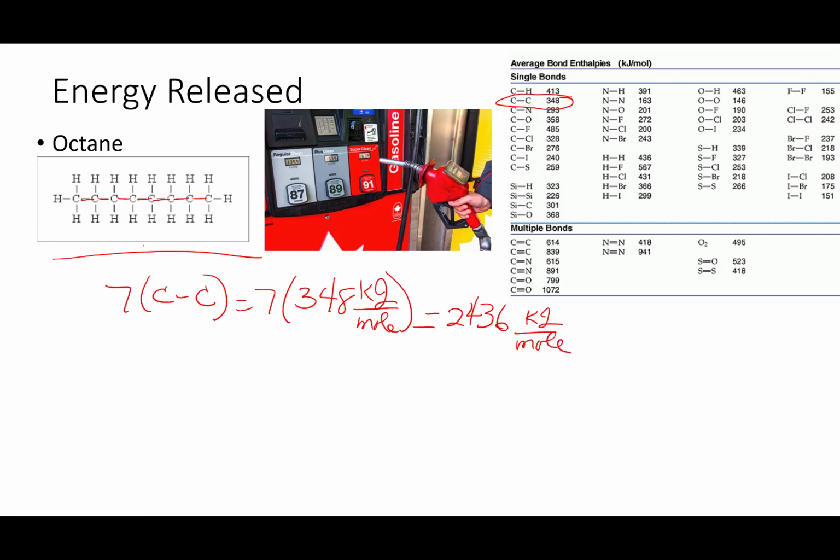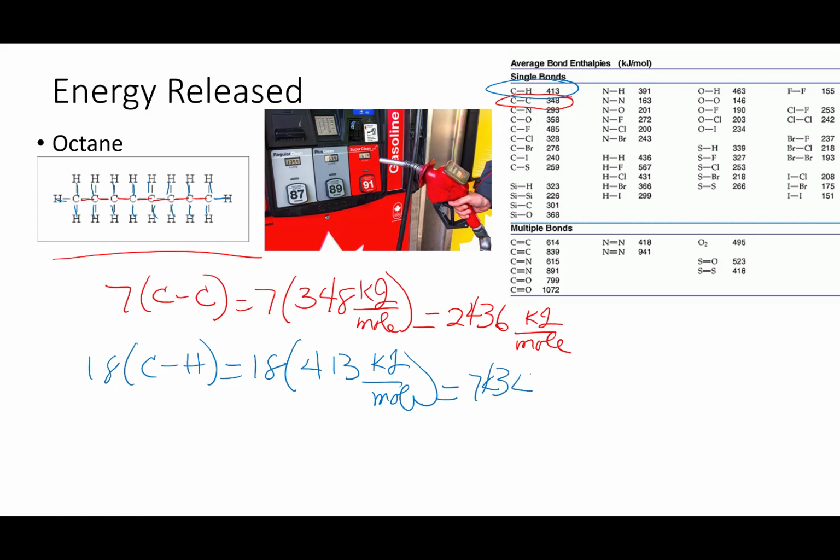We also have, and I'm going to switch colors so this is a little easier to see, 18 carbon-hydrogen bonds. Each carbon-hydrogen bond is 413 kilojoules per mole, and if I grab a calculator, 18 of those ends up being 7,434.